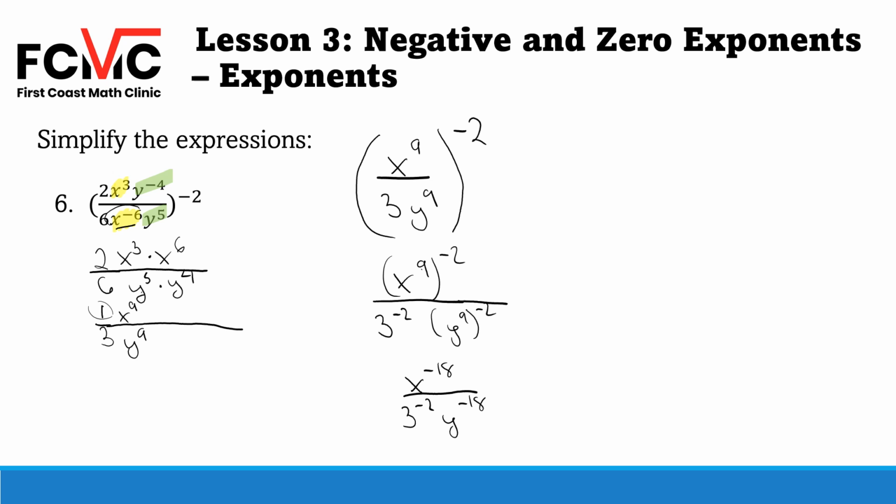So all we have to do to rewrite it with positive exponents is just flip everything, right? So my x to the negative 18th goes to the denominator, 3 to the negative second goes to the numerator, and y to the negative 18th goes to the numerator.